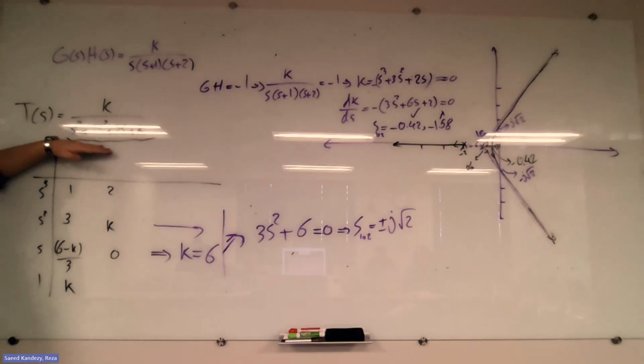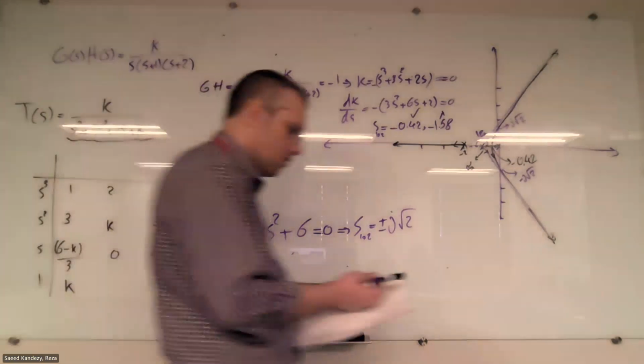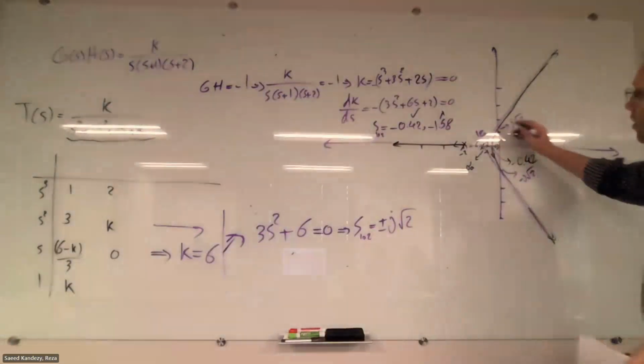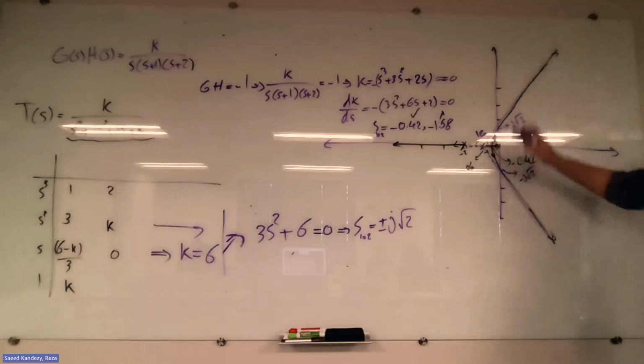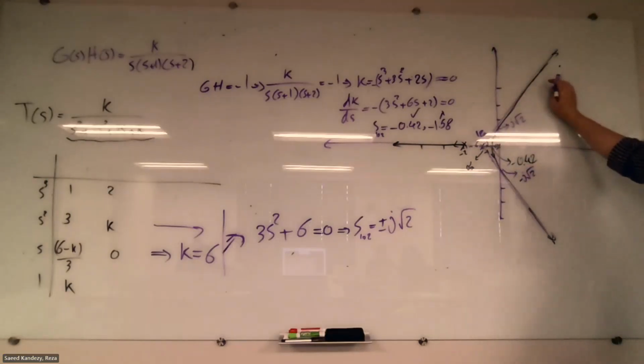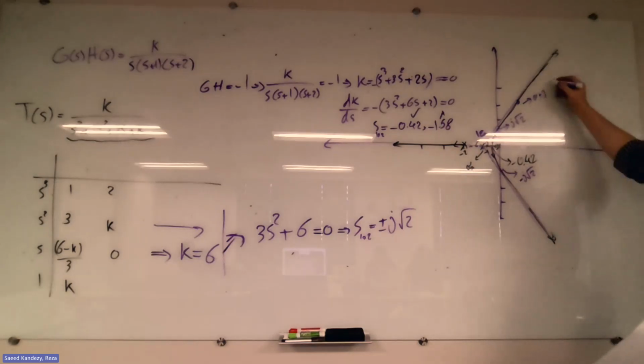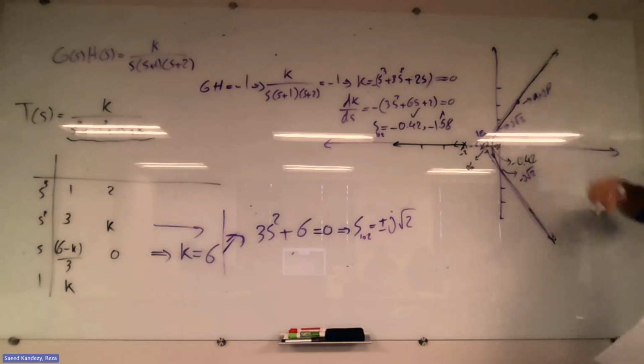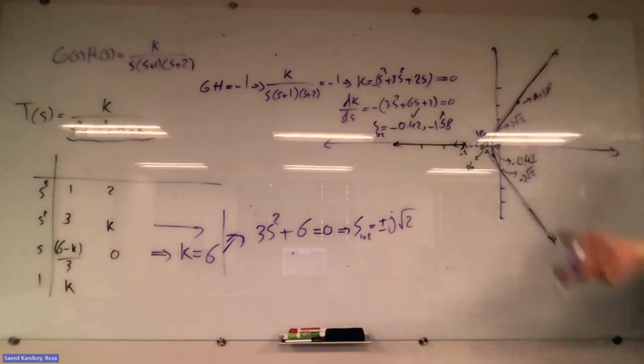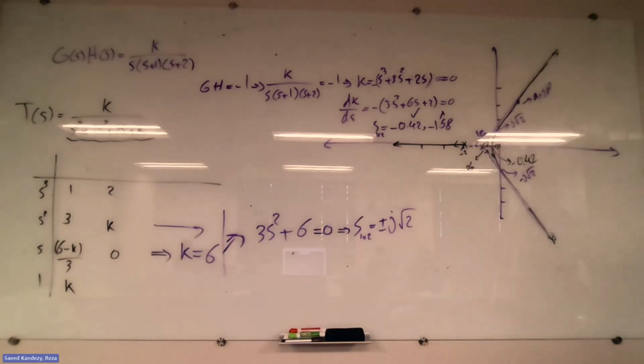Any complex number beside these, to the right of this imaginary axis, let's say here, would be a complex number of alpha plus or minus j beta. This is a complex number in S.